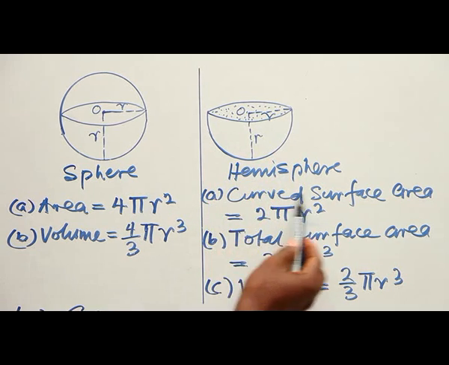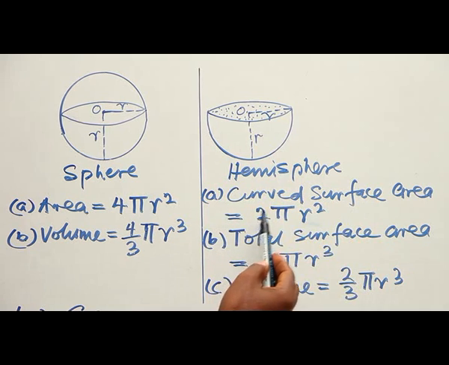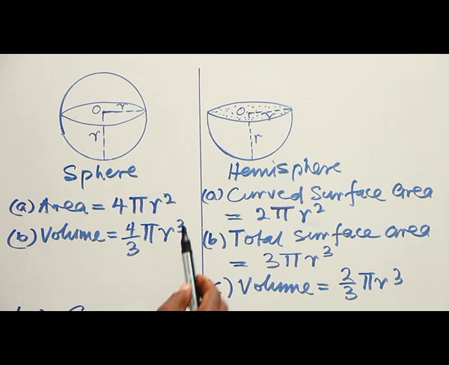To find the curved surface area, it will be 2 pi rho squared, half of the curved surface area of a sphere. B, the total surface area will be 3 pi rho squared, while the volume is half of the sphere, which is 2/3 pi rho cube.